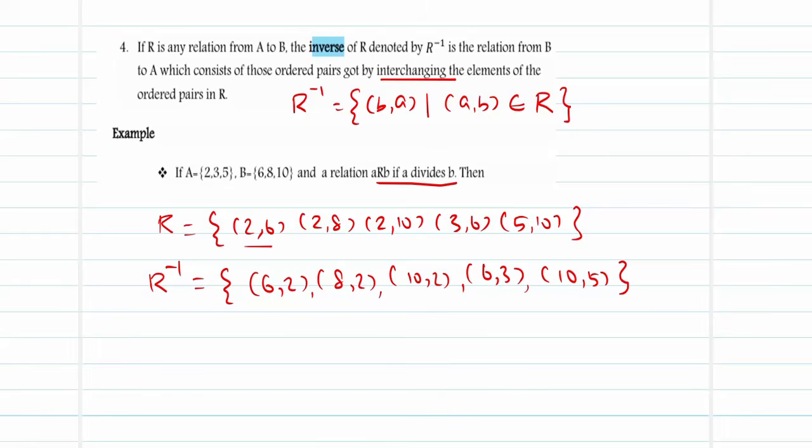Now, let us move on to define the operations that I can do on a relation. If I have a set A and set B, the possible operations are union, intersection, complement, and difference. In a similar way, a relation can also take all these operations.